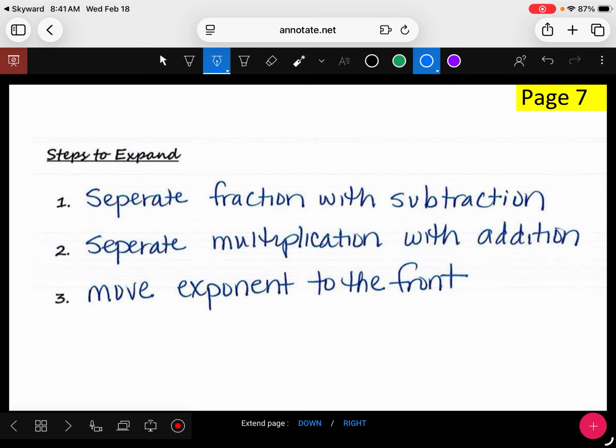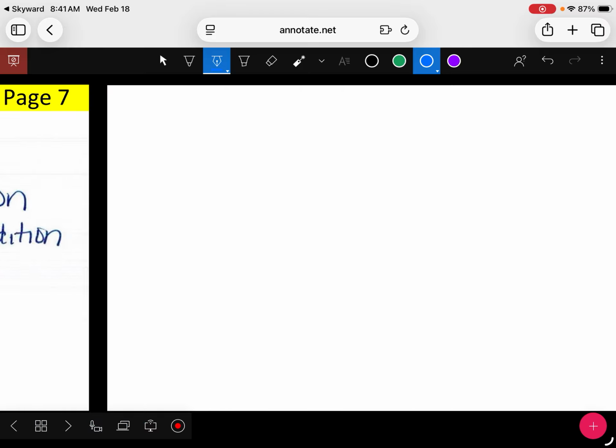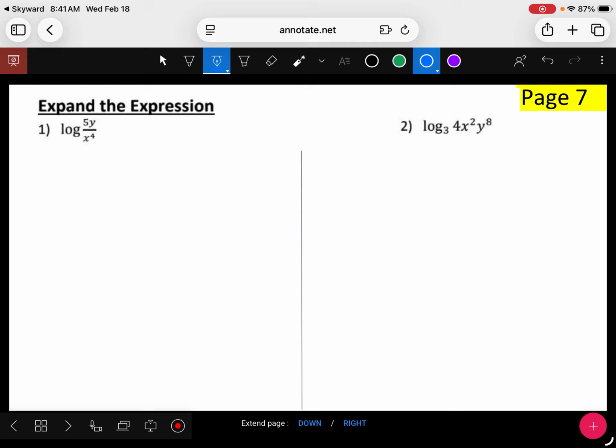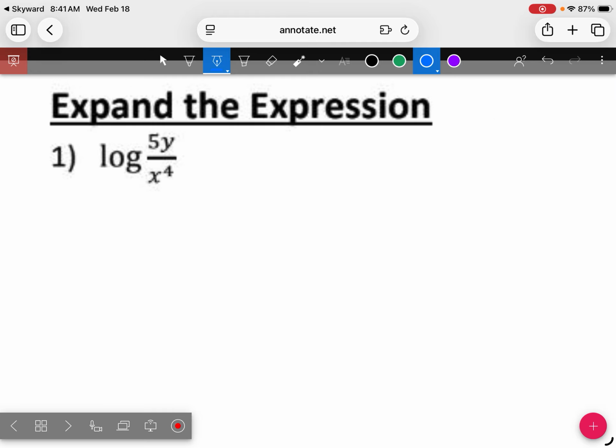All right, so let's go ahead and do a couple practice questions, and then we'll pick up here tomorrow. So again, these are the steps. The first thing I'm going to do is look for a fraction and make it subtraction. So let's look at this first one. Do you notice how we have a fraction? Does everybody see that?